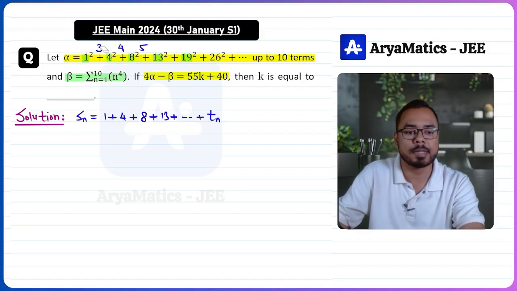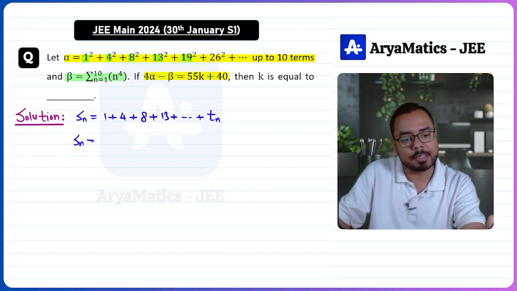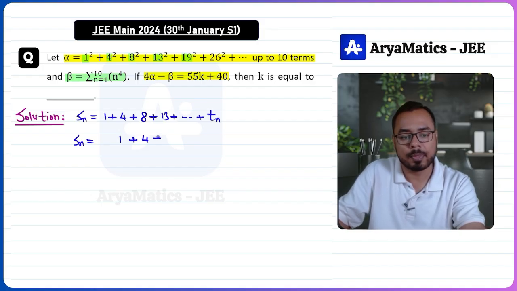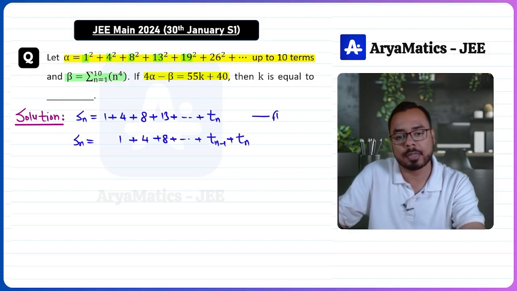Let us say this is Sn. Now, write each term by shifting one towards the right side. So we have 1, then we have 4, then 8, and in this manner the second last term will be Tn minus 1, and then we have Tn. Let us call this equation 1, this one as 2.